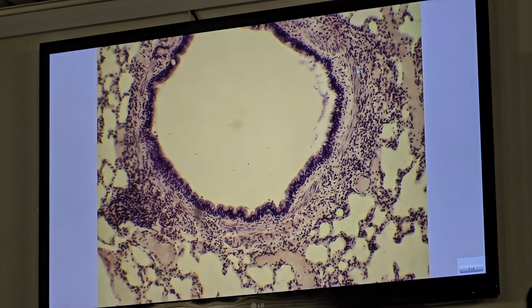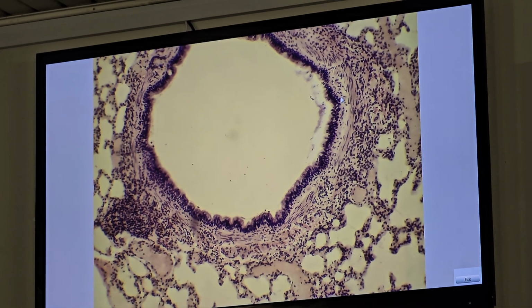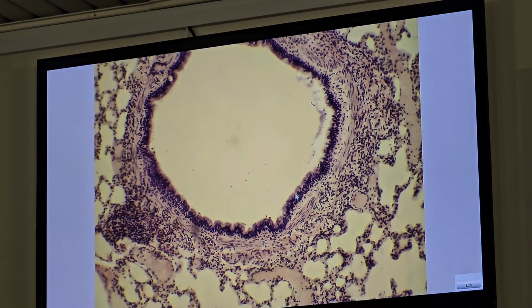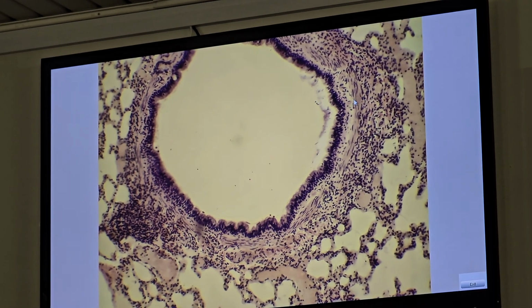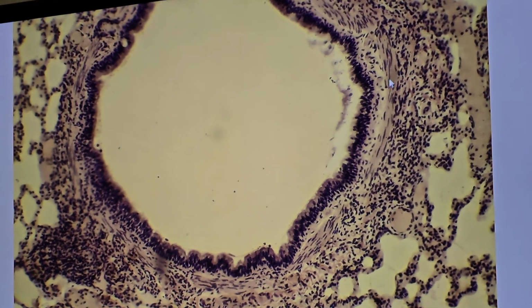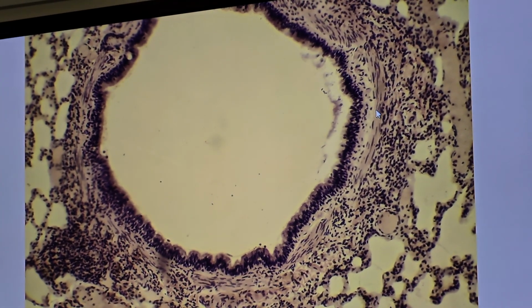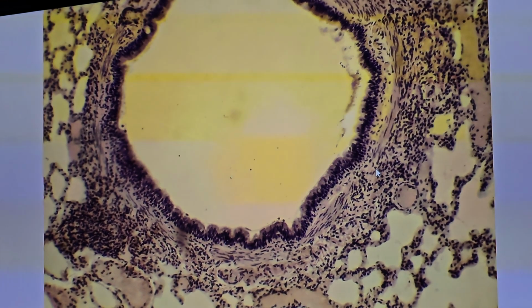You can see the wall now. Pseudostratified epithelium, lamina propria, with small bundles of smooth muscle fibers. You can see the wall is devoid of cartilage and glands.